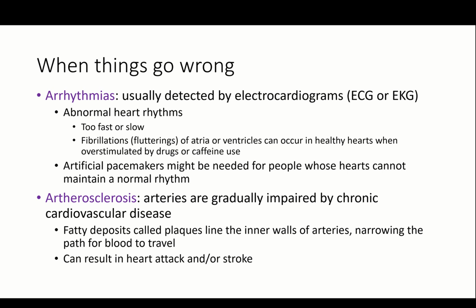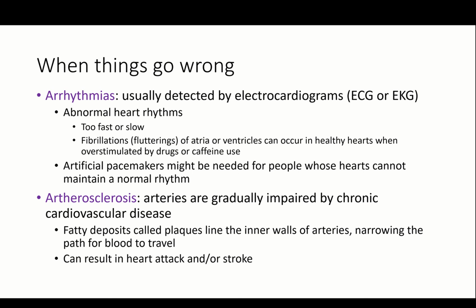So we have talked about now how the heart works, how the circulatory system works. But it's important to take a moment to learn that what we know about the heart is in many ways because we've learned about what happens when things go wrong, as is often the case in science. So you can have what's called an arrhythmia, where your heartbeat is not functioning at a normal rhythm.